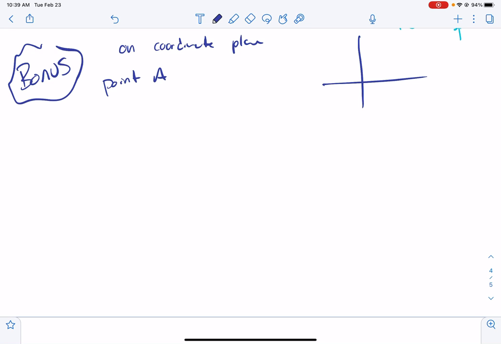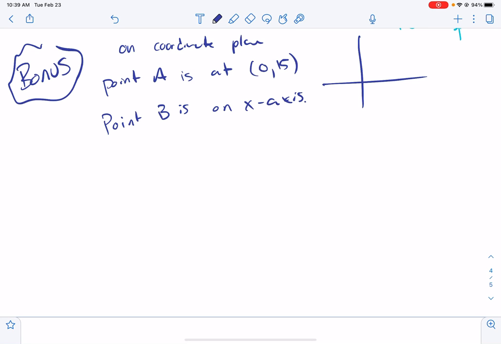Let's say point A is at, I don't know, 0, 15. And point B is on the x-axis. Okay, so if I start drawing this picture, point A is up here at 0, 15.